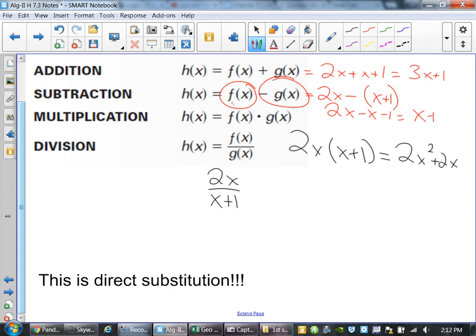But when I have a division problem, I have to be careful because there is a domain restriction. What can x not be? In this case, it can't be negative 1. You're on the right track. You can't be 0 in the denominator. When you're talking about 0 as a restriction, if I had 0 as my restriction, it would be okay because I get 0 divided by 1, which is 0.